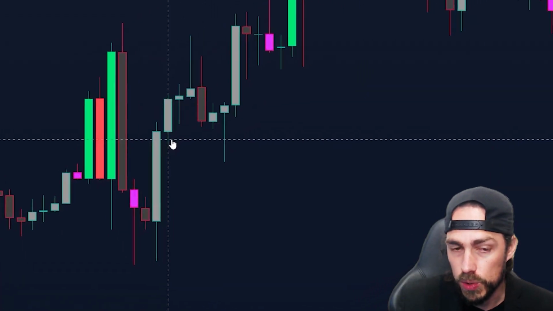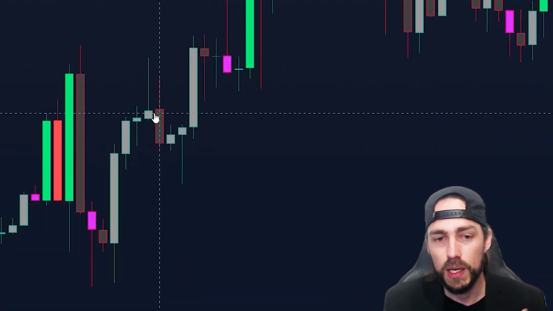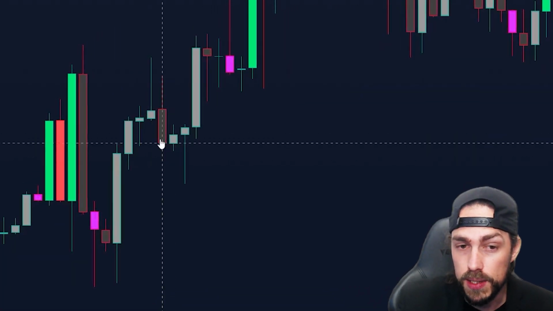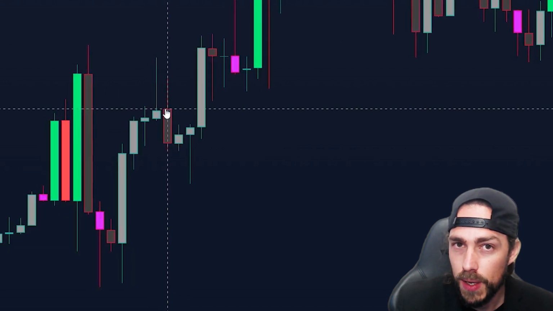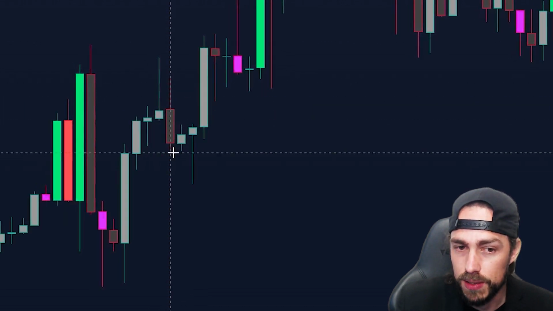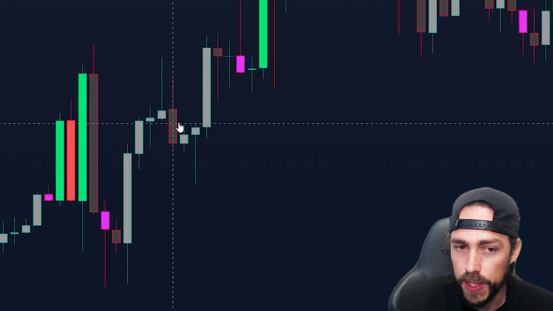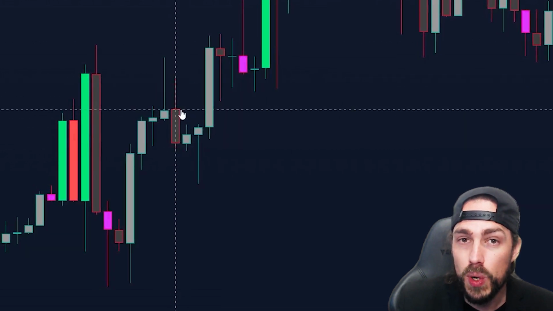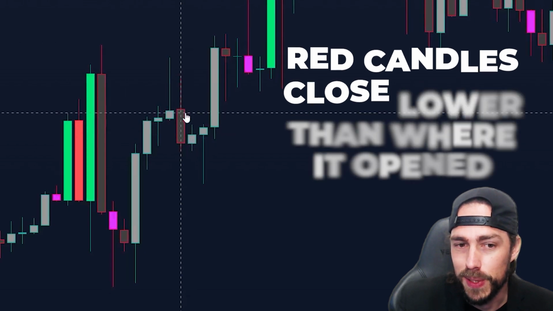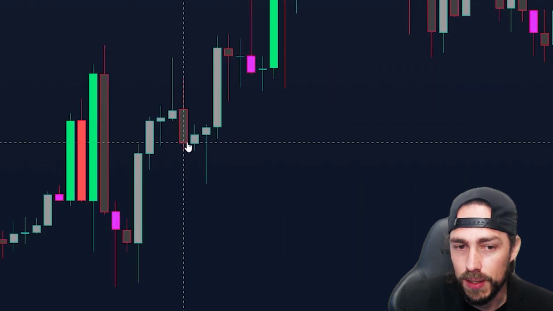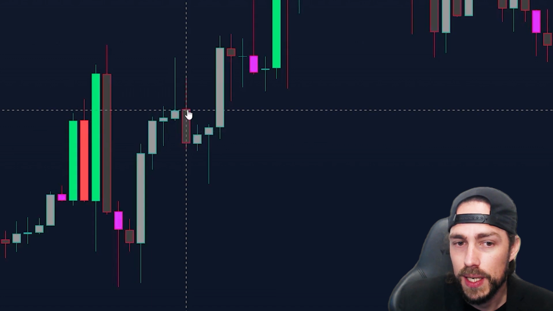And the reverse is also true. If we see a red candle, what that implies is that the top of the body of the candle was the opening price of this specific trading session, this 4-hour trading session, and the price closed lower than it opened. So we can see there's the opening price and the closing price, and the wick tells the story.